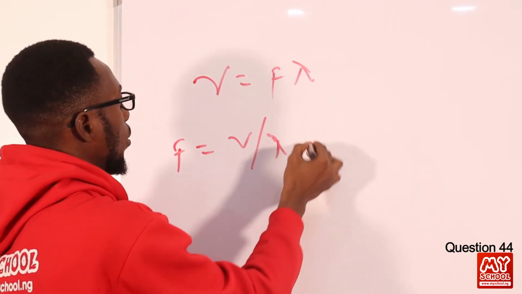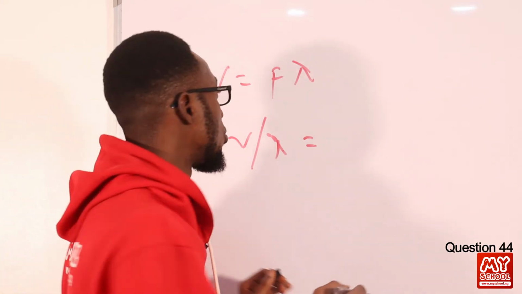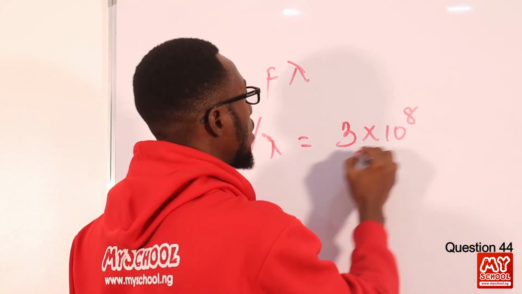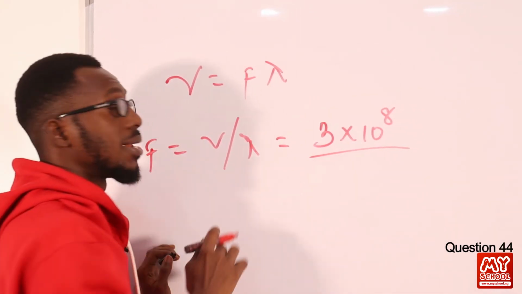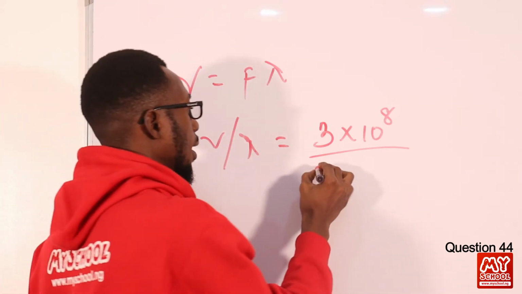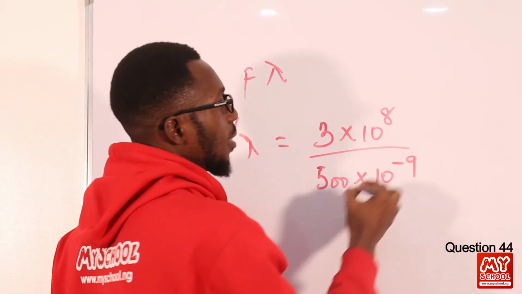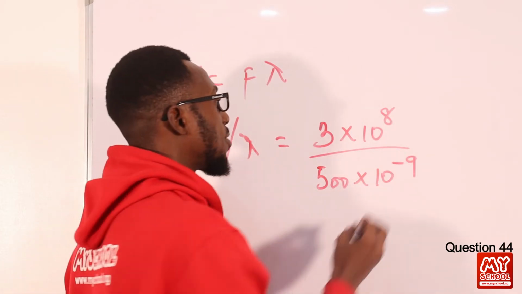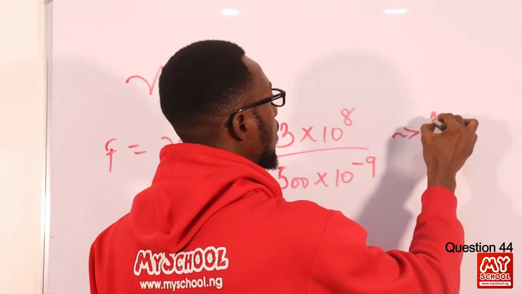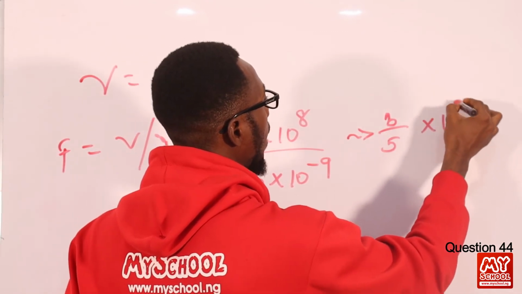What is our V? We are given 3 times 10 raised to power 8, over our lambda, the wavelength, which is 500 nanometer, that is 500 times 10 raised to power minus 9.